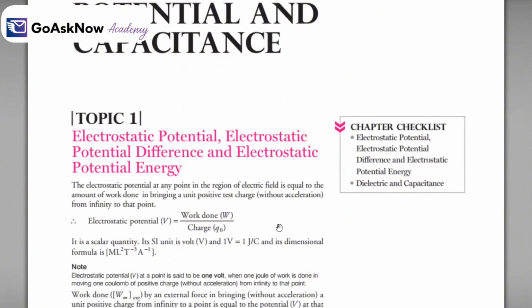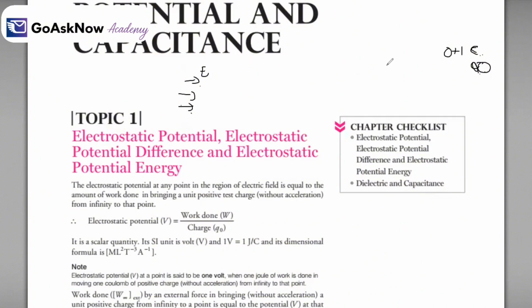So what does electrostatic potential actually mean? If you have an electric field anywhere like this, and you have a unit positive charge, meaning plus 1 coulomb, which you can call a test charge, assume it is at infinity, very far away from this electric field.